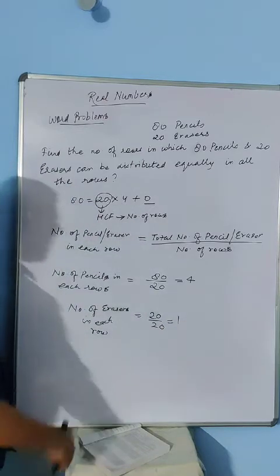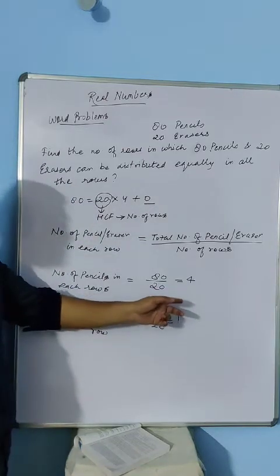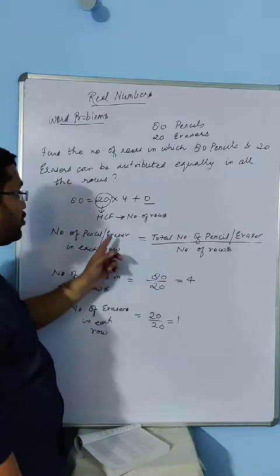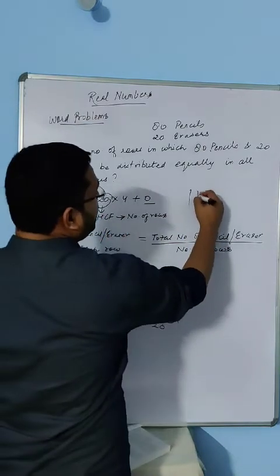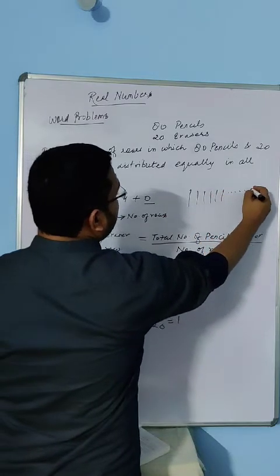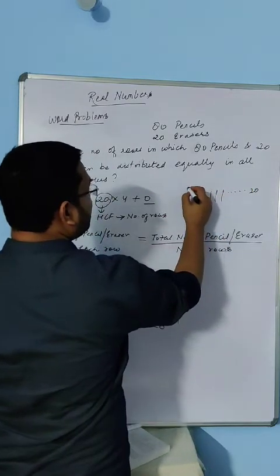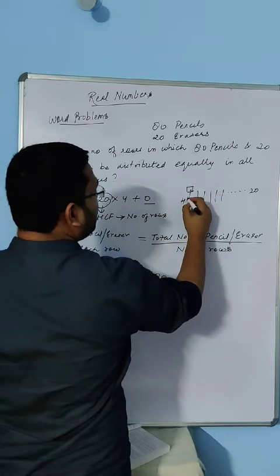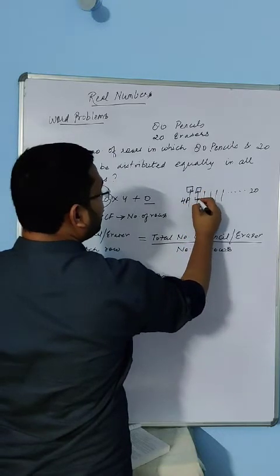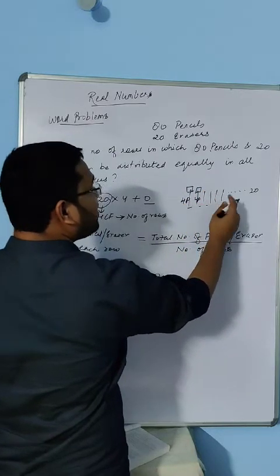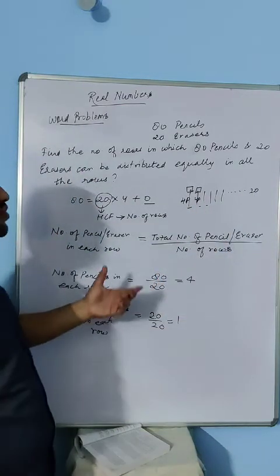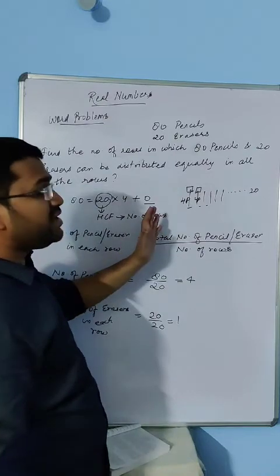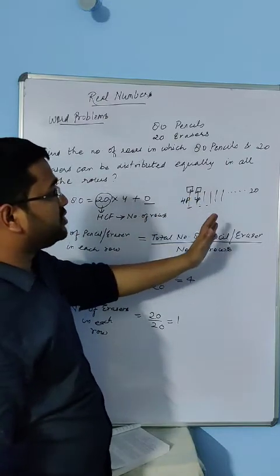So 1 eraser in each row and 4 pencils, and such 20 rows will be there. Each of them will have the same 1 eraser and 4 pencils. This will be the arrangement in which they will be equally distributed.